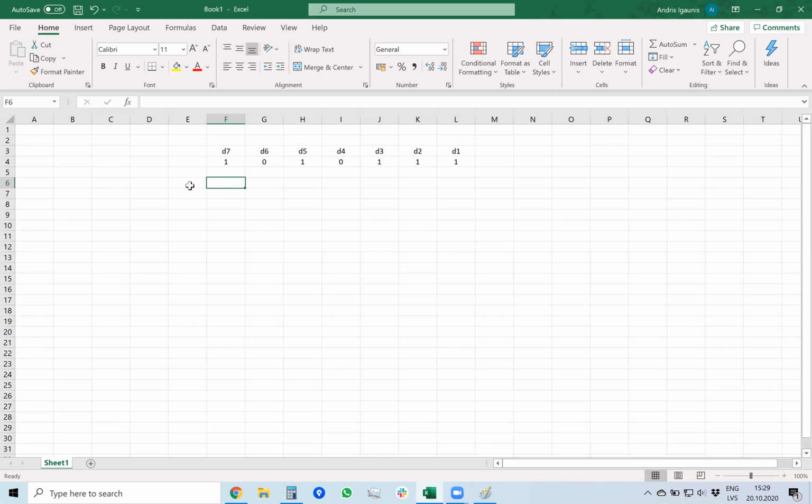Now we need to calculate parities. So we will have parity bit number 1, parity bit number 2, then we will have data bit number 1, then we will have parity bit number 3, then we will have data bit number 2 and 3.